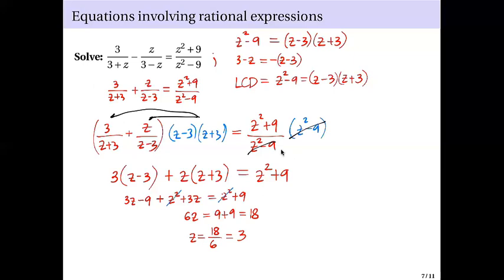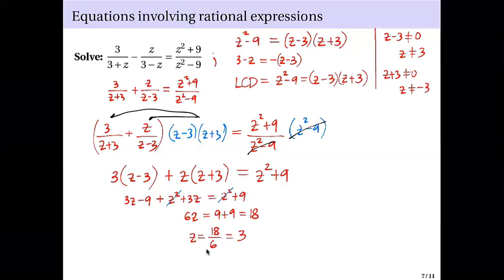However, look at this. I didn't put the condition here, but let us write the condition here. We don't want our z minus 3 to be 0, which means that your z cannot be 3. We also don't want z plus 3 to be 0, or that your z cannot be negative 3.